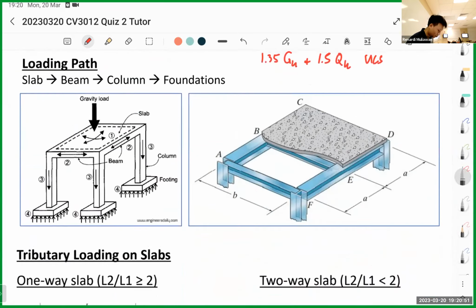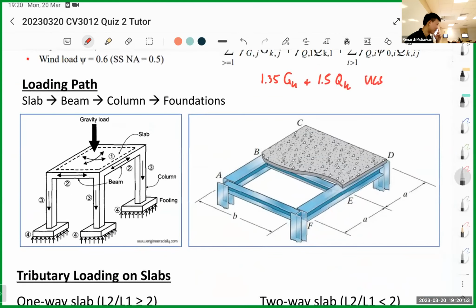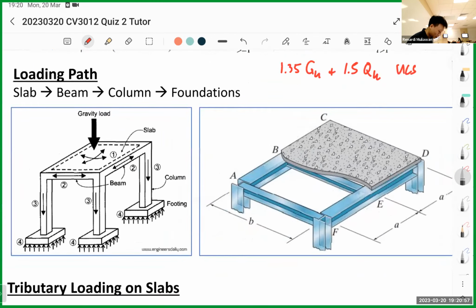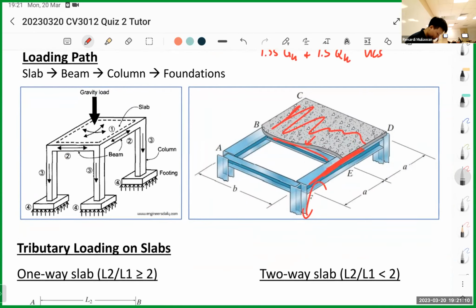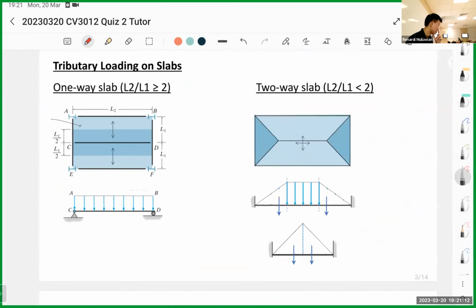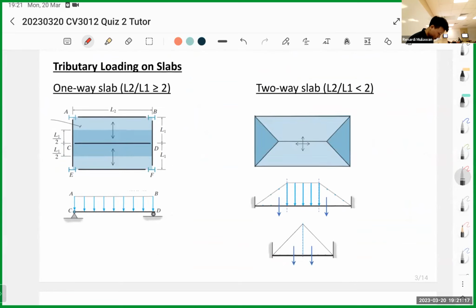I'm going very fast because I need to cover the whole thing. For loading, remember it goes from the slab to the beam, to another beam if there is one, and then to the column, then the column foundation. There's one-way loading and two-way slab. This is just to refresh your memory, so I won't go into detail.